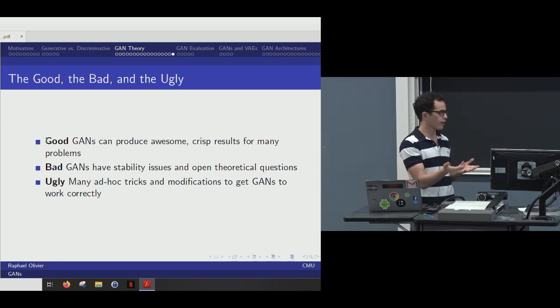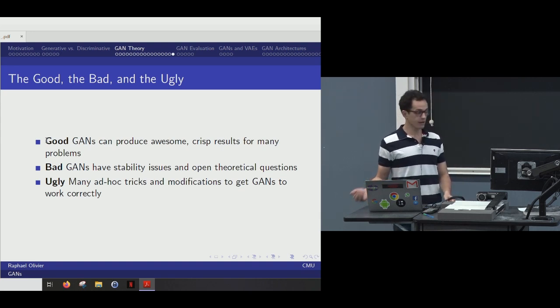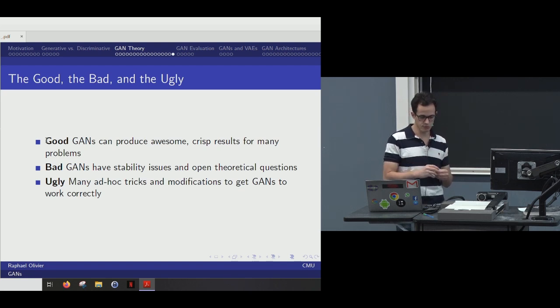You may have thought, when I explained the divergence and stuff, this is a little fuzzy. I'm not completely convinced. That's normal. No one is really convinced. But the fact is, it works. And so the ugly is everything you do to tackle those issues. So all the ad hoc tricks and small principles that people try to plug into their GANs to make them work.